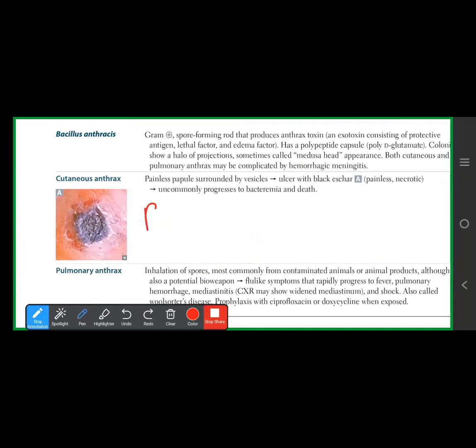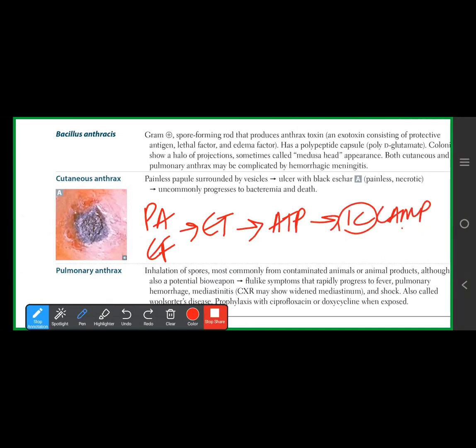It converts ATP into intracellular cAMP. This cAMP leads to the activation of protein kinase A.